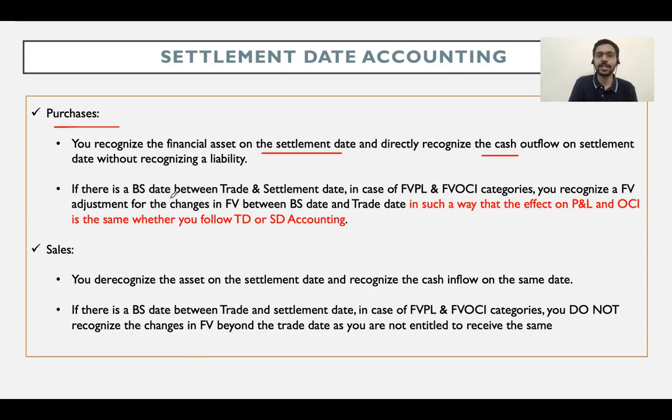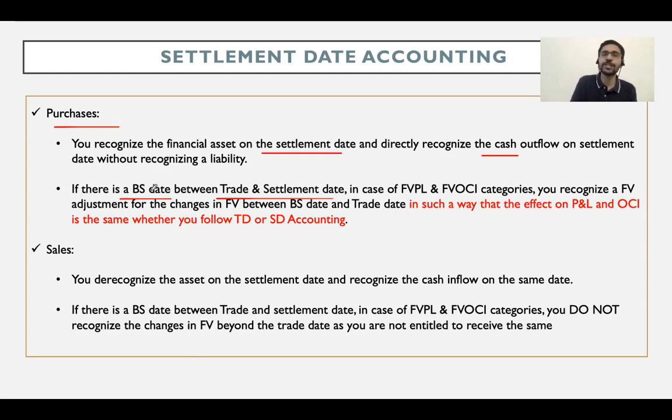However, if there is a balance sheet date between your trade and settlement date, in the example that we did in the previous lecture, we had a trade date of 30th of March, a settlement date of 1st of April, and a balance sheet date in between of 31st of March.